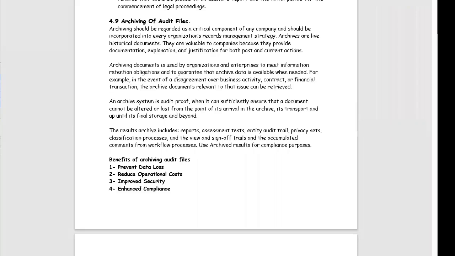But we have the layout here, where we have different items to work with. You can select the layout.